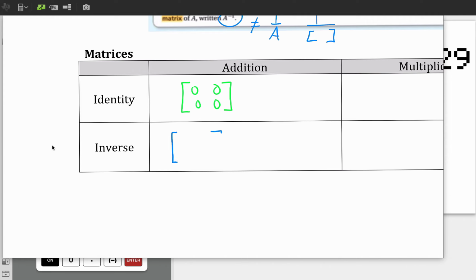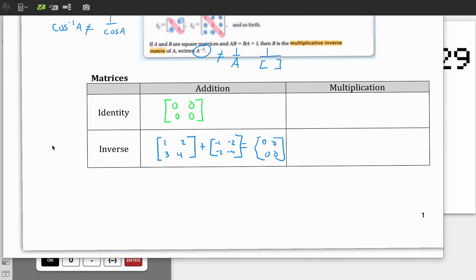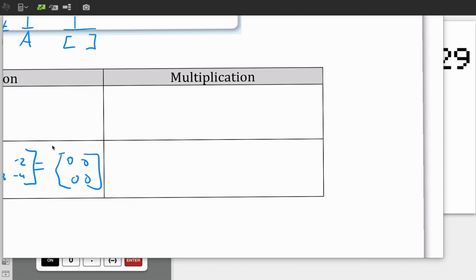The additive inverse of some matrix, so 1, 2, 3, and 4: how do I get the identity here, 0, 0, 0, 0 all across the board? When I add these, I essentially just take the opposites, and the opposites will get me to all zeros. We've already looked at those. What about multiplication?